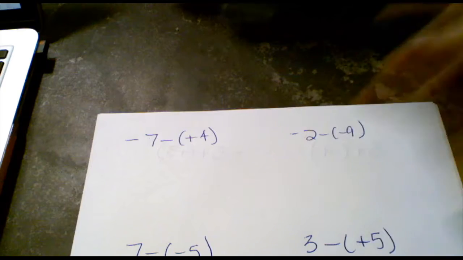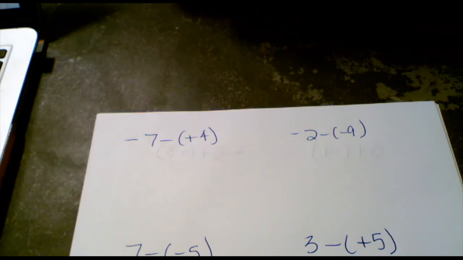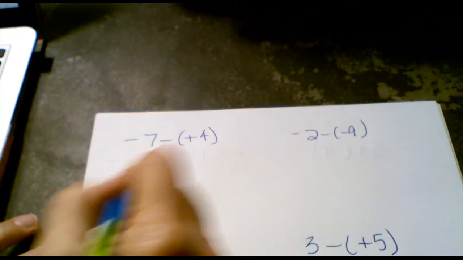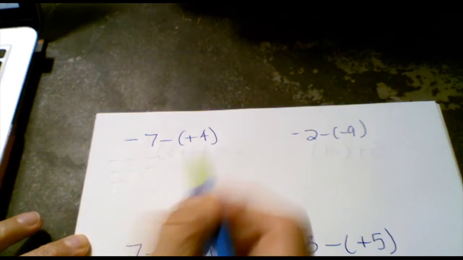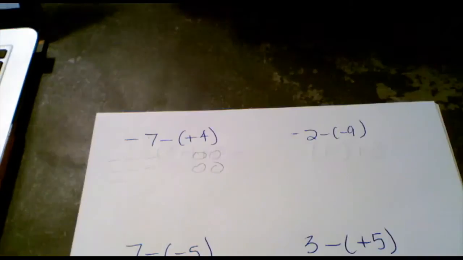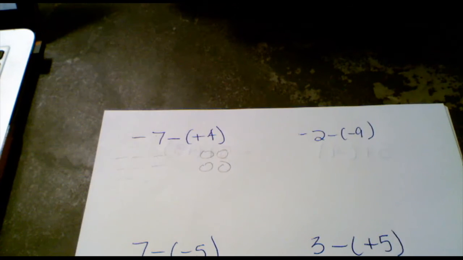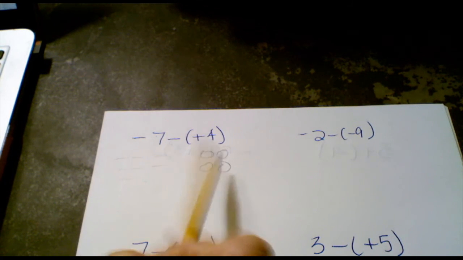So -7 minus +4. I'm going to draw my -7. Here it is: 1, 2, 3, 4, 5, 6, 7. And my +4: 1, 2, 3, 4. Now I have to decide what to get rid of. Well, I can't subtract +4 from -7. So because this is a subtraction, I need to zero them out.